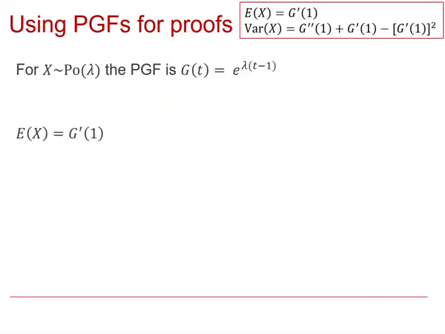So the information required here is the expressions for E(x) and the variance of x in terms of the generating function, and that we looked at in the last video, and we also require to know the generating function for the general Poisson distribution.